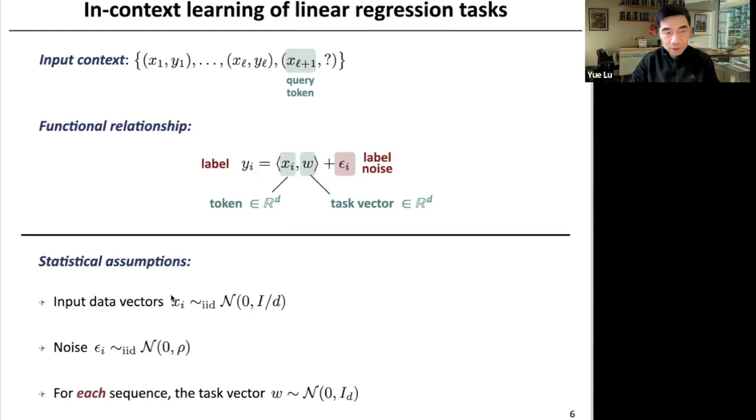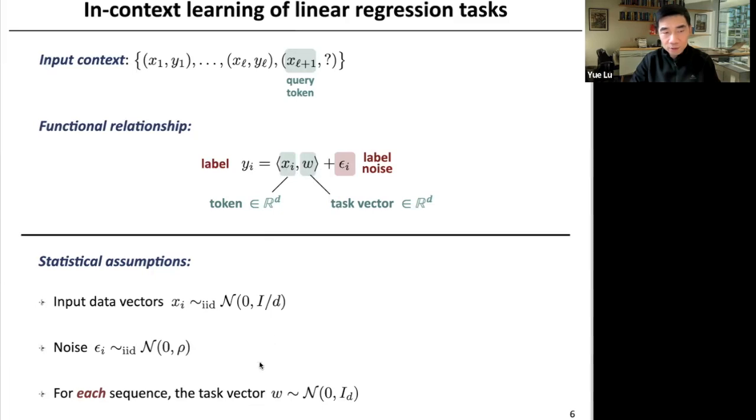Now, statistically, we assume that our input vectors are samples from a Gaussian distribution. The noise is also independent over these sequences. Now, if you think about this model for each given task vector, then we have defined a joint distribution between the input x and output y.